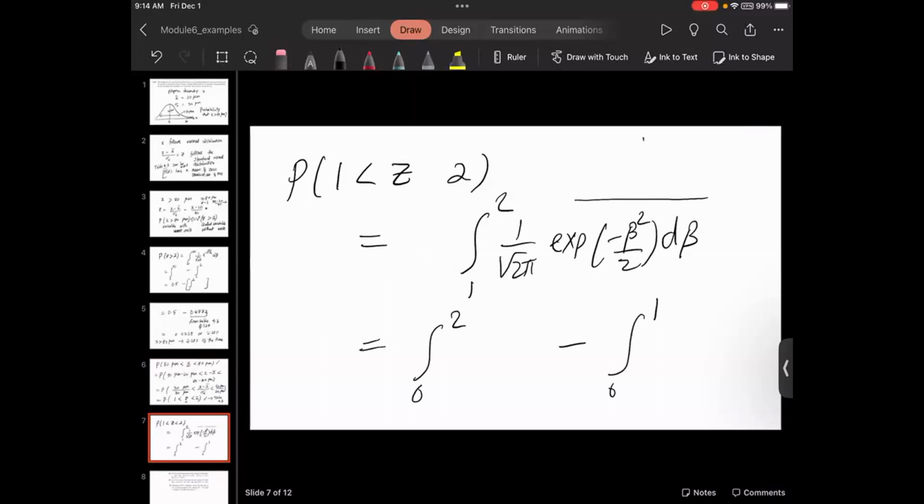So if you draw the bell curve, this is z, 1, 2. What we want is the shaded area.